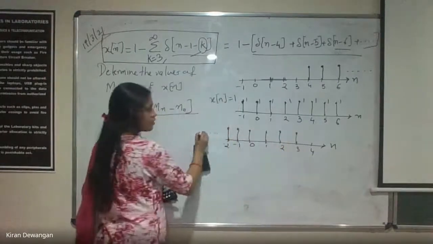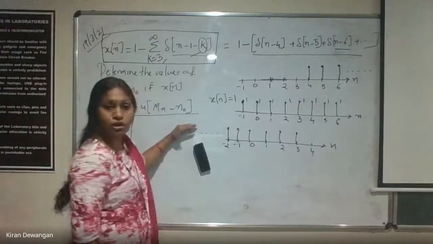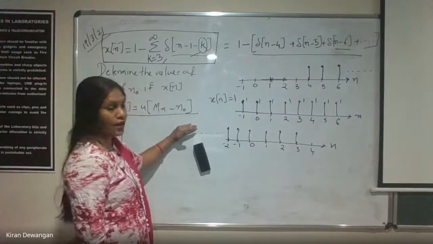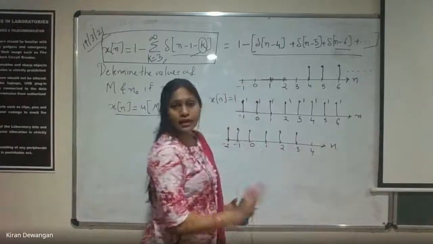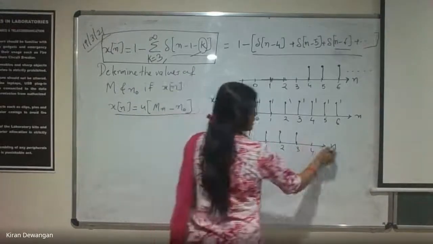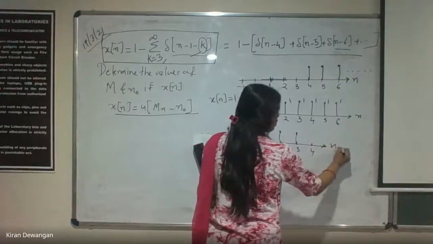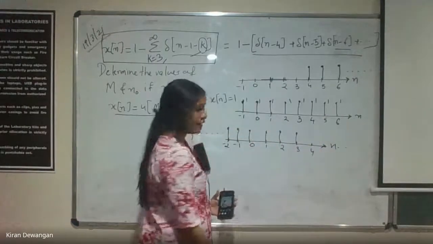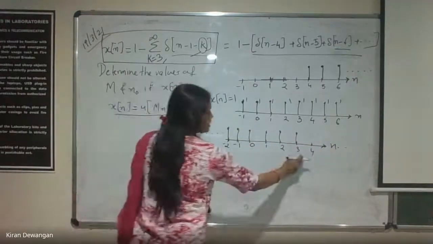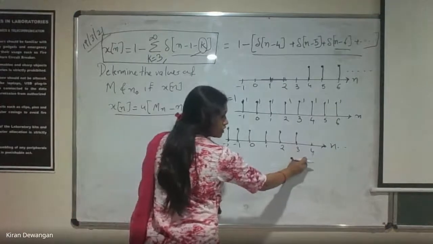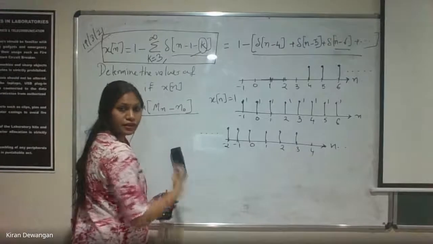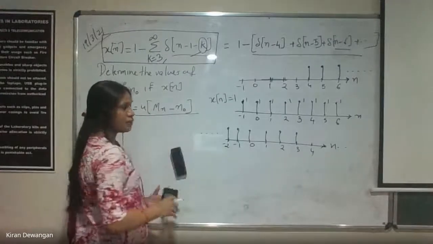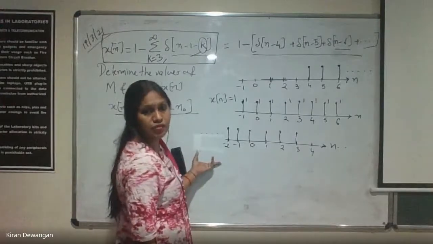These values will also remain. This side also will have all the values, but only after 4 we will not be getting any value. So from here all the values will be 0. Clear? So it is starting from 3, that is positive 3, and it is going in this direction. That is, it will be something in terms of u of minus n.